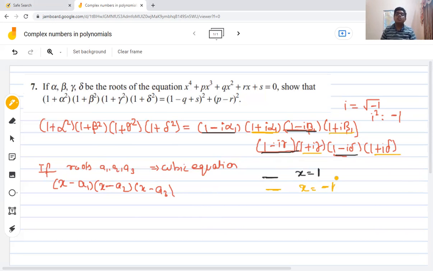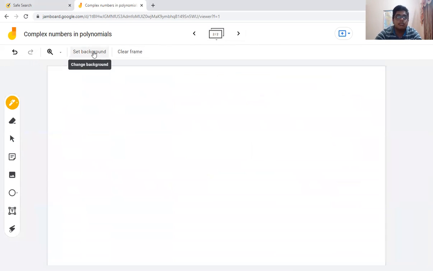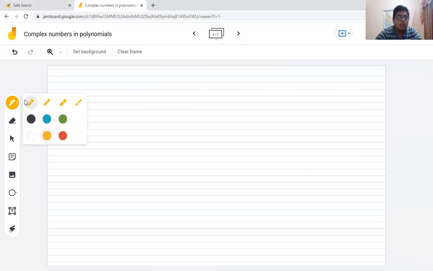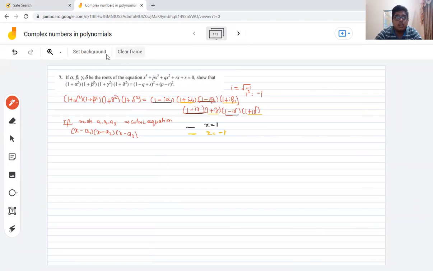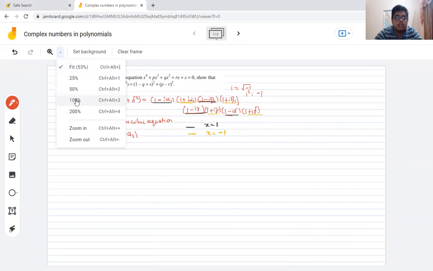So we're going to use a similar idea here, trying to express it with the roots: (x - a1)(x - a2)(x - a3) in this case, but there we are going to have something different in this problem. Now, let me increase the zoom to 100.